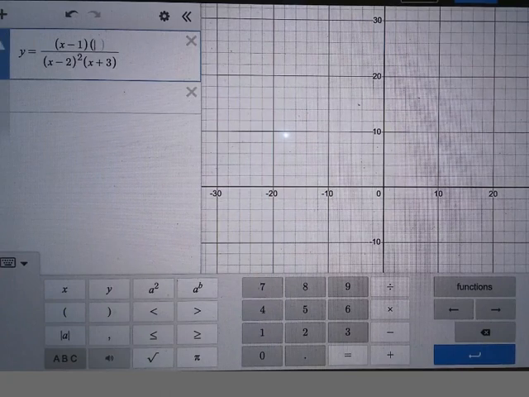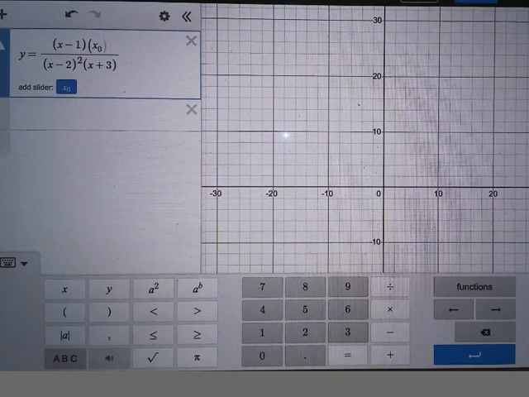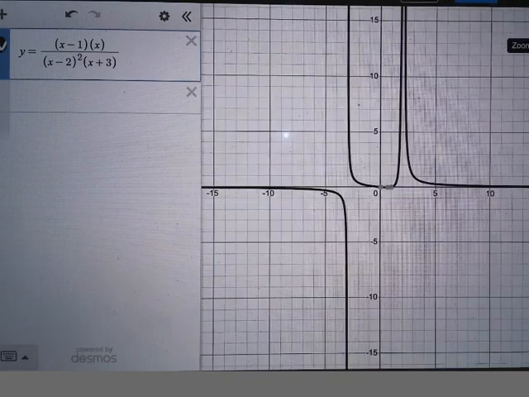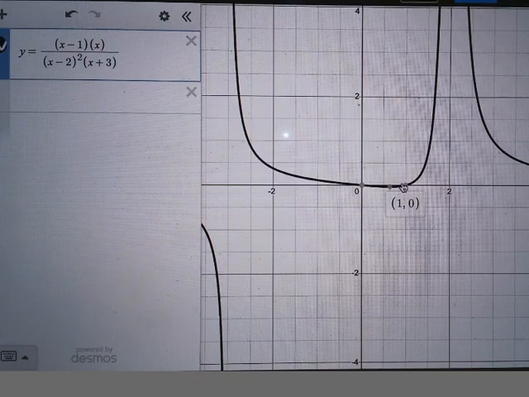Let's try just x. So now if I get in close here and look at this, I should see that it crosses at 1. That's a low spot, but it crosses again at 0, because 0 would make the numerator 0, and 1 in this would make it 0. And so I have two x-intercepts.